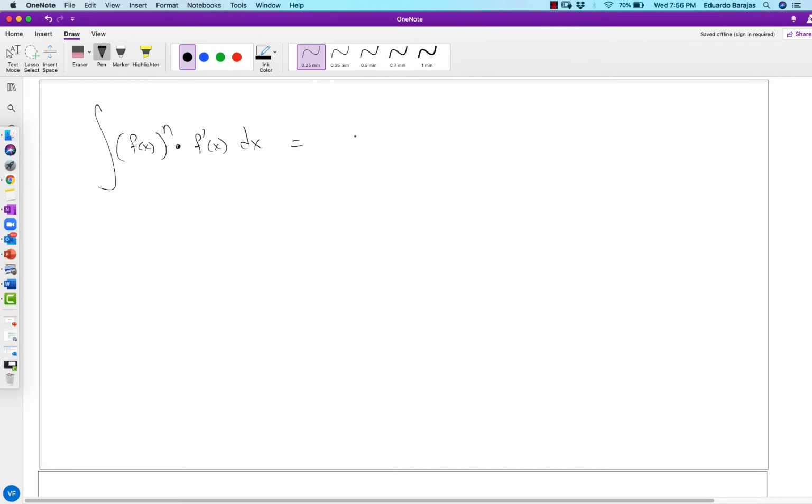So this is going to be equal to f of x raised to the power of n plus 1. Thinking about the derivative of this, we bring down the n plus 1, subtract 1, that would give us the n. And so we have to adjust by putting an n plus 1 out in front.